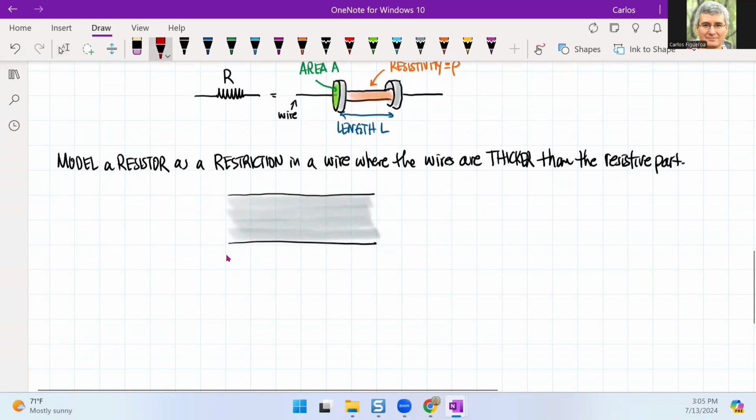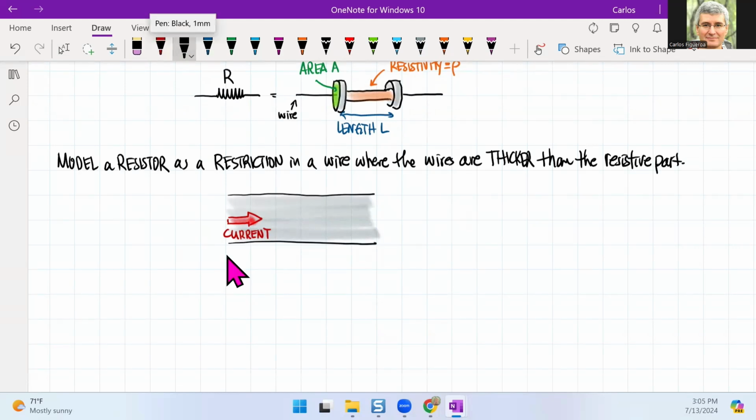So when I'm looking at this, I imagine that I have a current that's coming in like this. Right? So in this sense, this is my current. And as I said before, this is my wire.